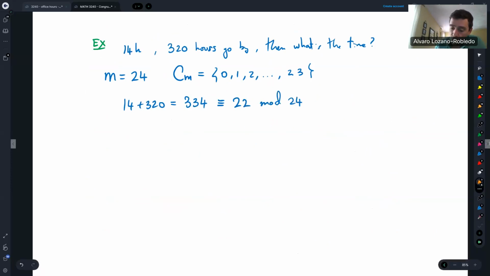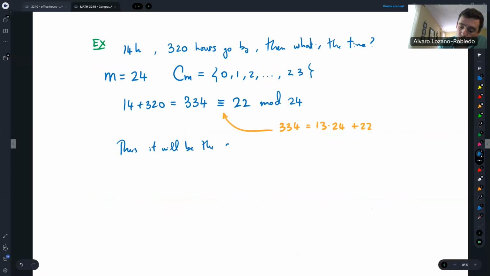And we did that using long division. We said 334 is 13 times 24 plus 22. And therefore 22 is the remainder of long division by 24. And thus it will be the 22nd hour, 22 hours, or 10 p.m.